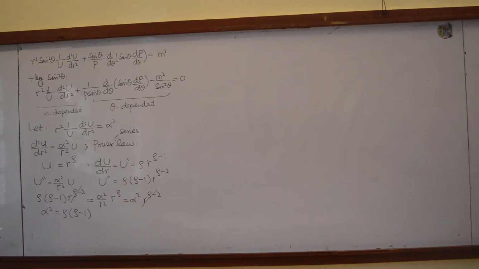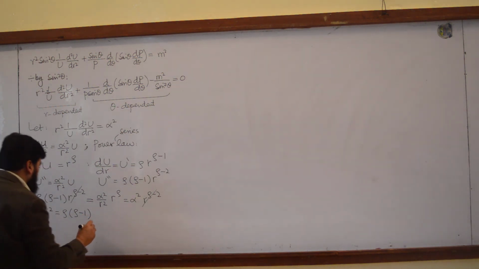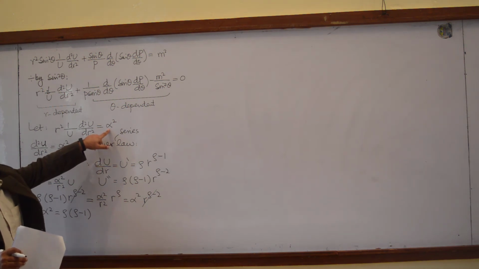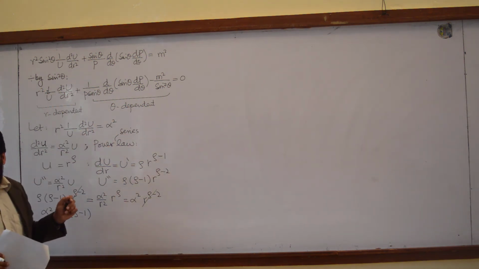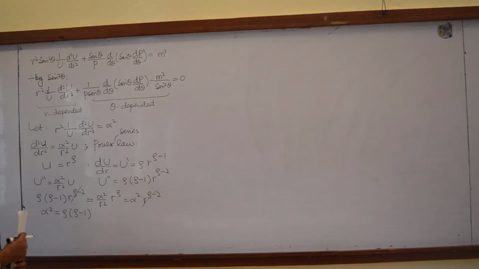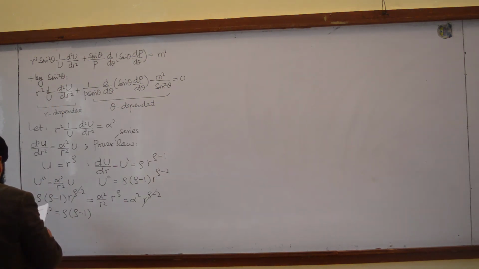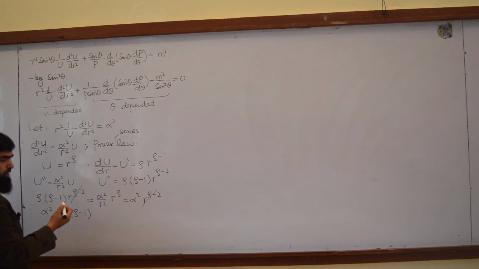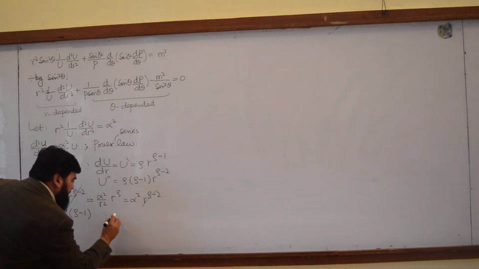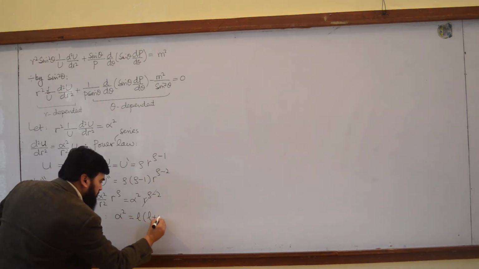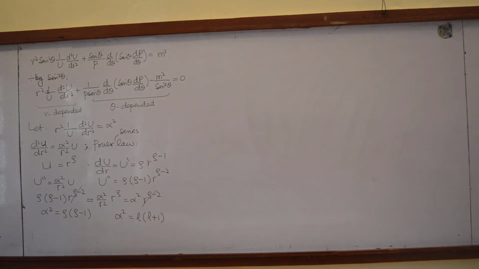So I have just determined this one. What is alpha? Alpha is any constant, and I selected the square of that constant. Now alpha square is just a number. If I would have selected alpha square equal to L into L plus 1, do you have any objection?